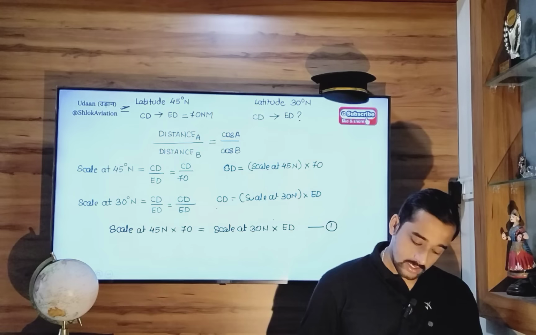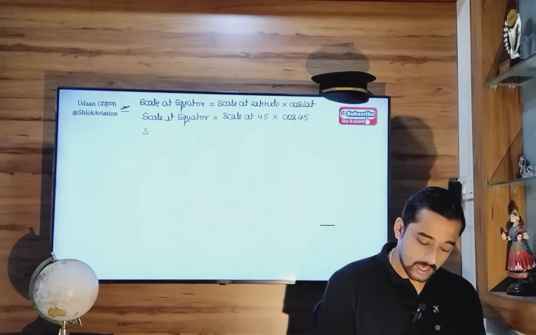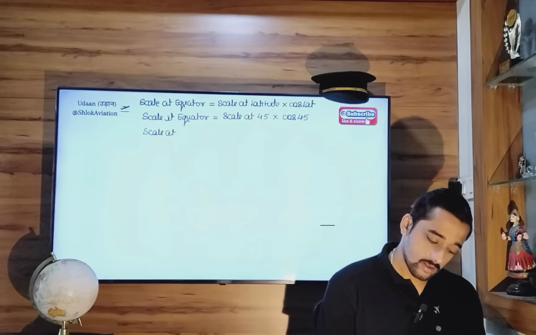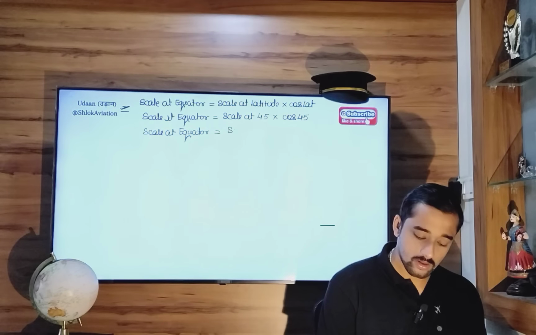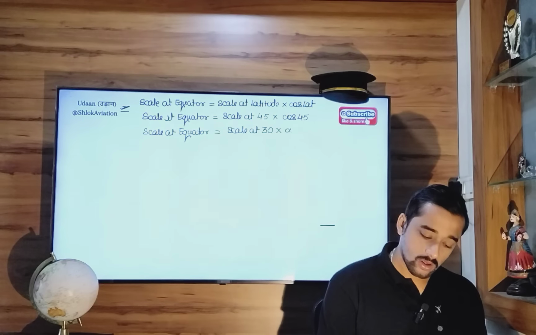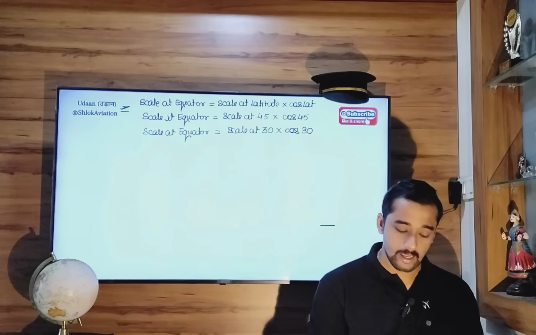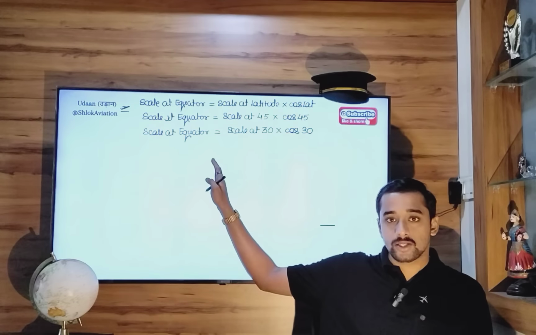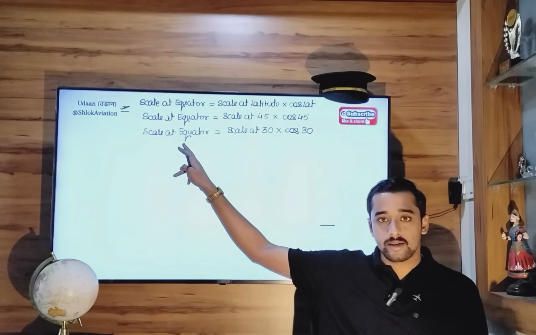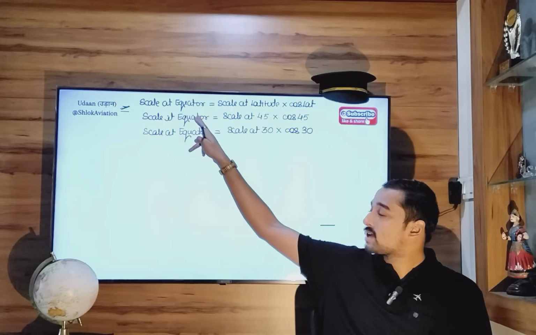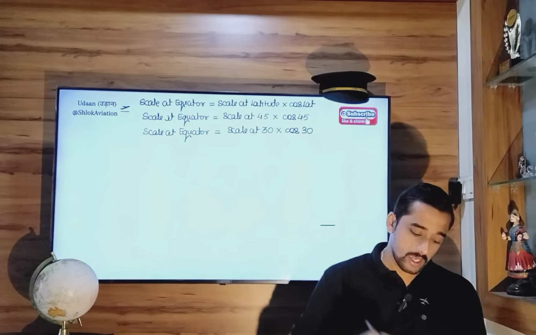Similarly, scale at 30 north will be written as scale at equator equals scale at 30 into cos 30. Now again in this case also left hand side is equal. Scale at equator is equal to scale at equator. So left hand side is equal, right hand side will also be equal.